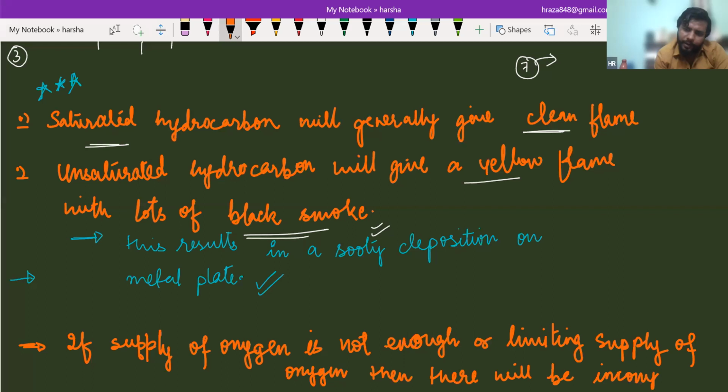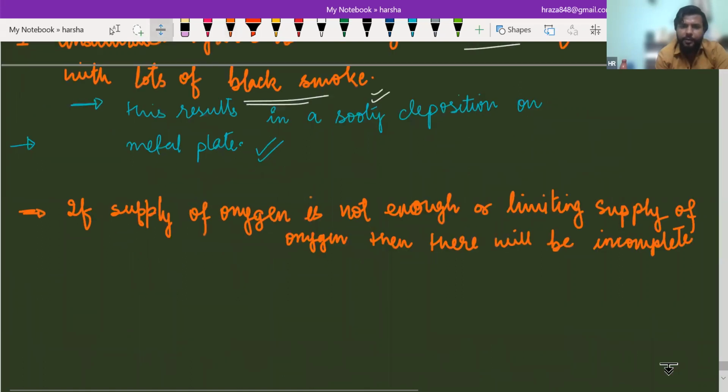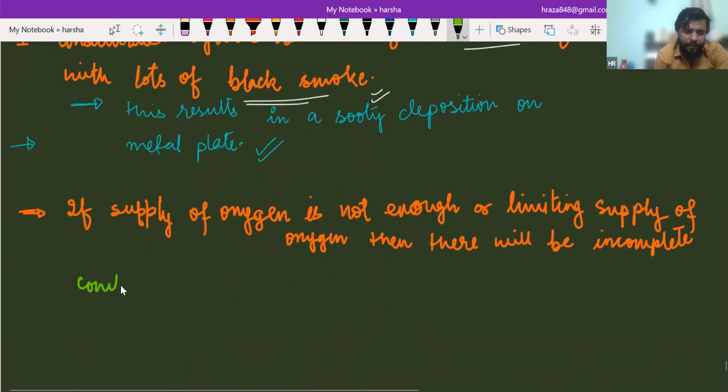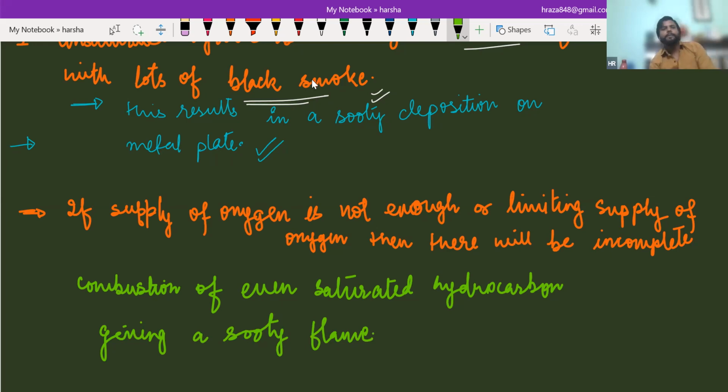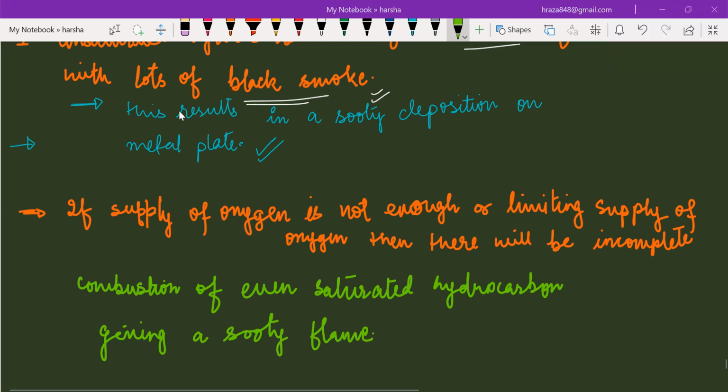I'm going to change the slide. Incomplete combustion of even saturated hydrocarbon, giving a sooty flame. Please do write it.